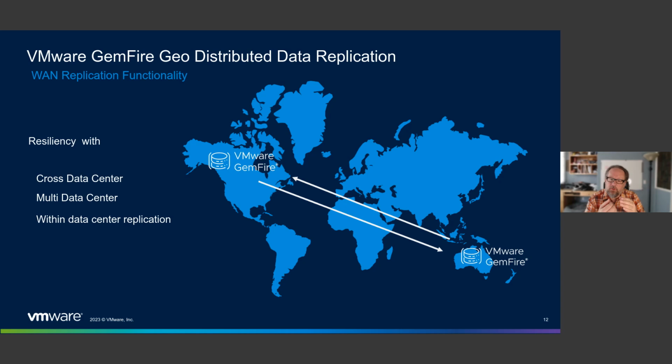When we start going across larger geospatial areas, where the performance might take a hit if we had to wait synchronously for a replication, we start doing things asynchronously. And our geo-distributed data replication is asynchronous. That way we can handle the scale and we can push more data through a given request on the network.